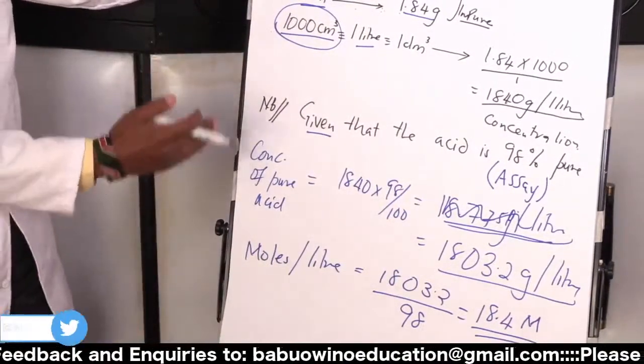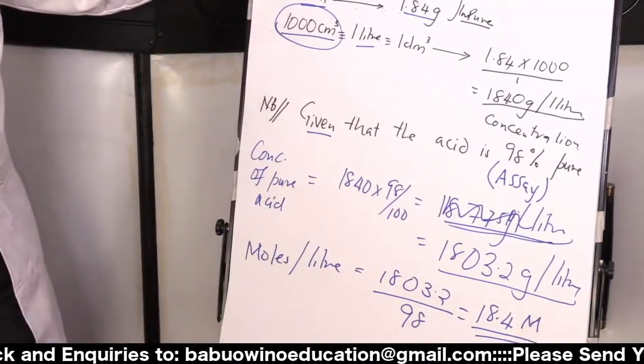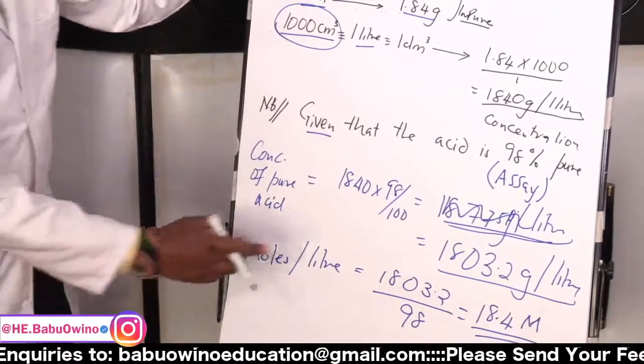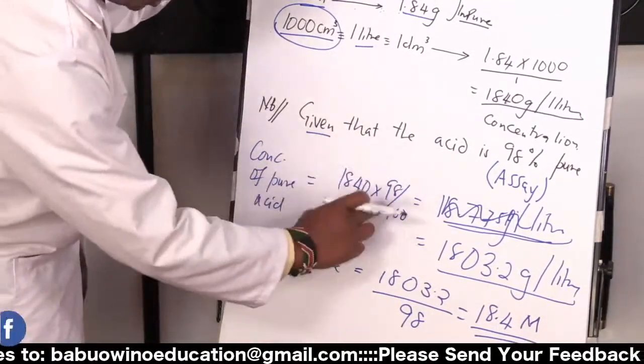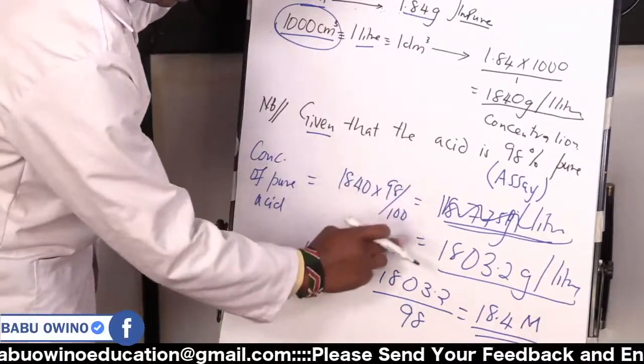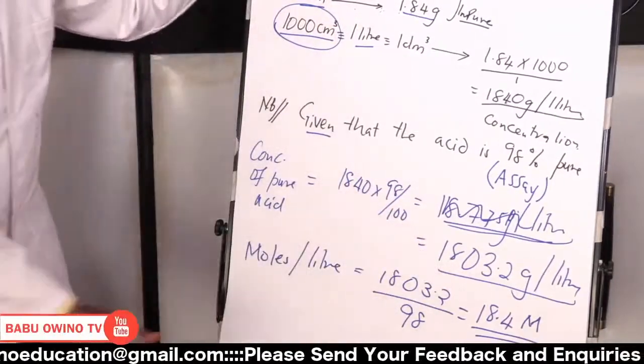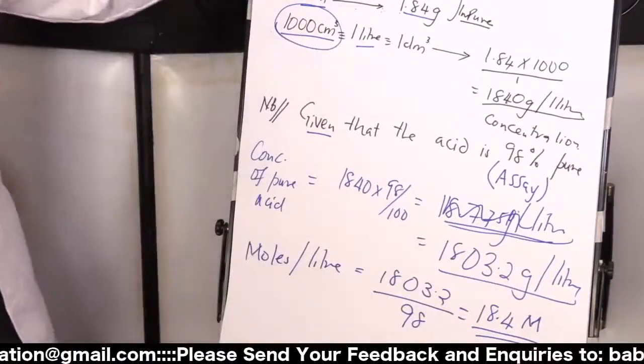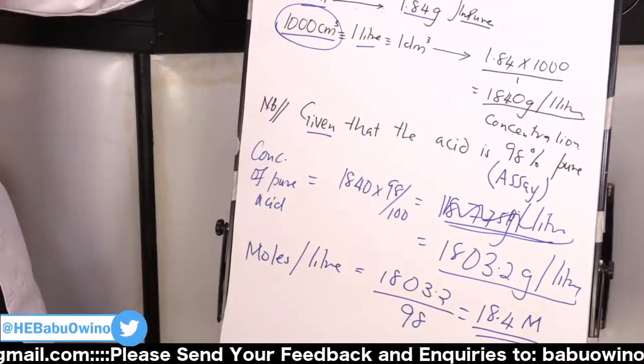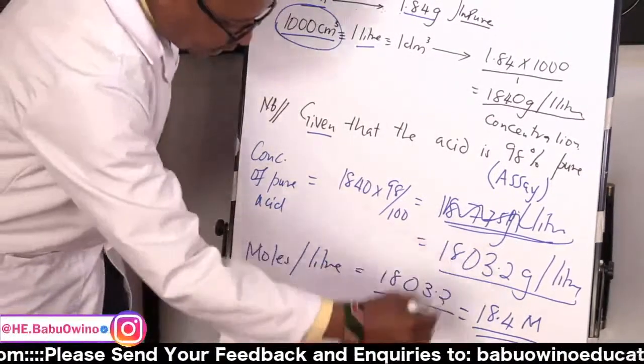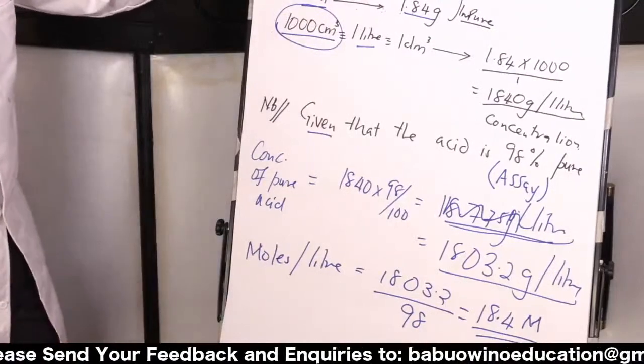That tells us the acid is 98% pure, so the rest is impurity. Once we work it out, this times this, we get that amount. This is the concentration in grams per liter, and therefore we can change it into moles per liter.